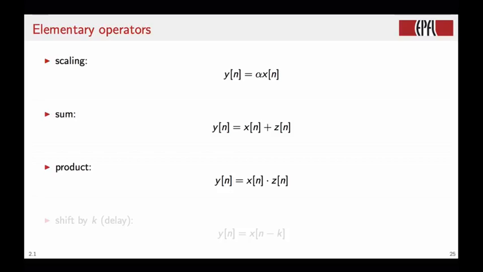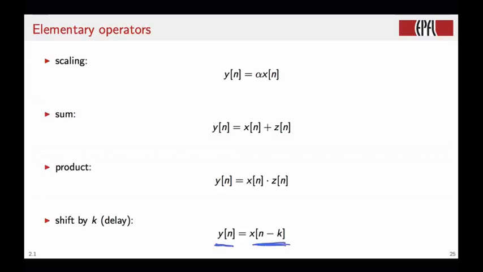And last but not least, very important, the shift by k, or the delay by k. So k is a positive integer, so when we write y[n] equals x[n minus k], then y[n] is a delayed version of the sequence x, namely by k terms. We're going to look at this in detail.